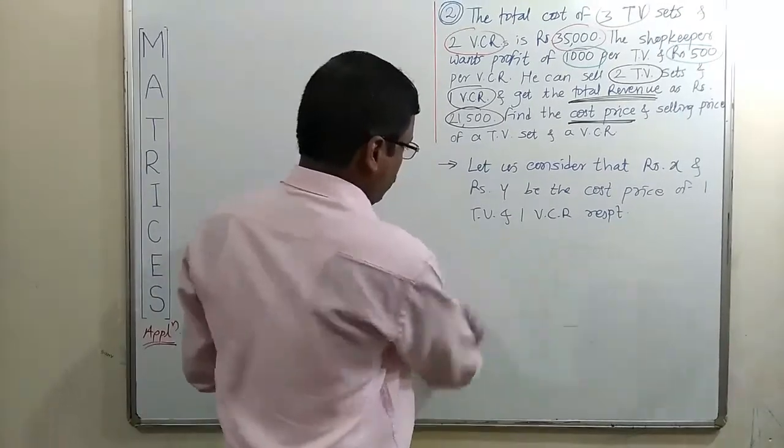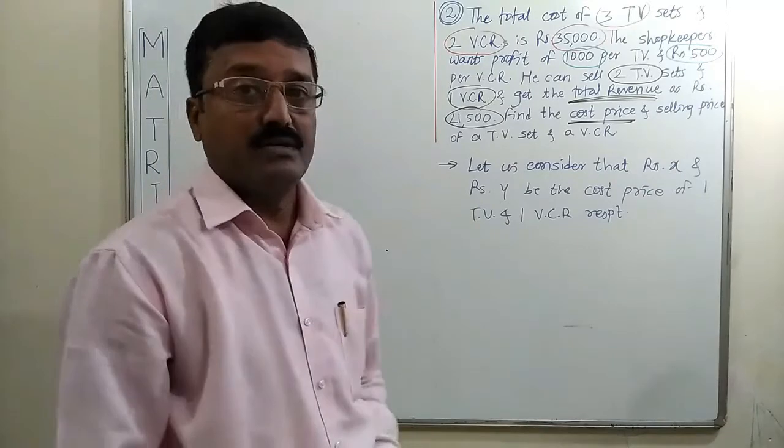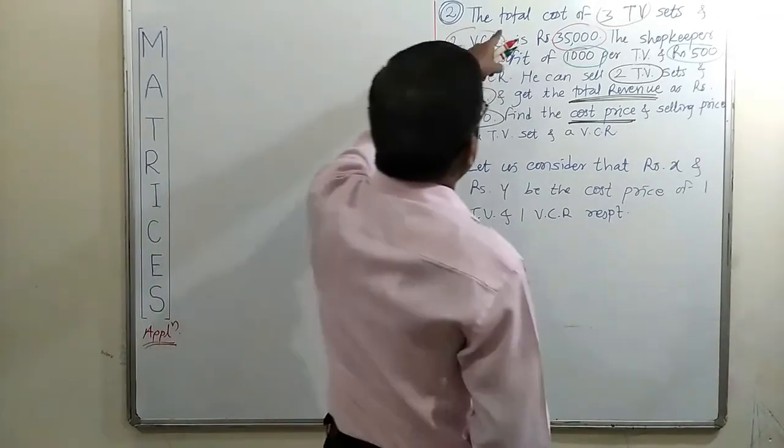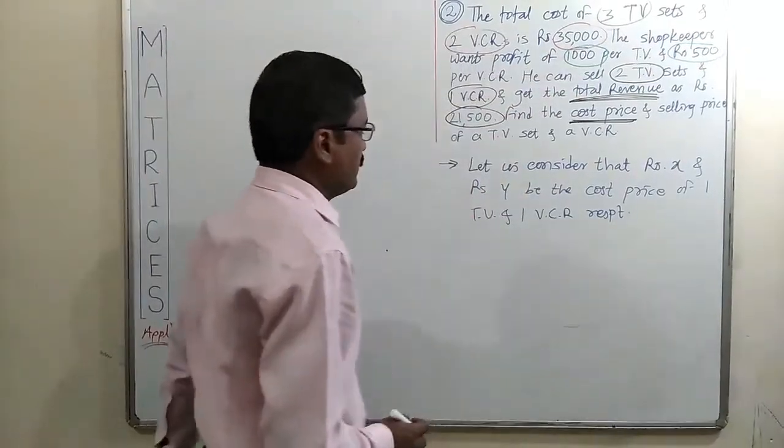Let us try to write the given information in the form of linear equations. Here, the total cost of 3 TV sets and 2 VCRs is given as rupees 35,000.